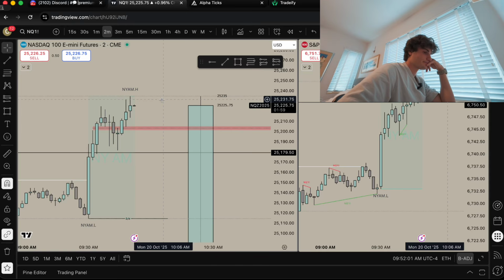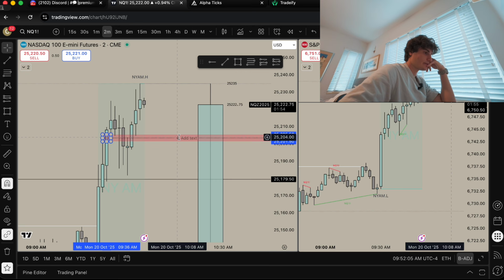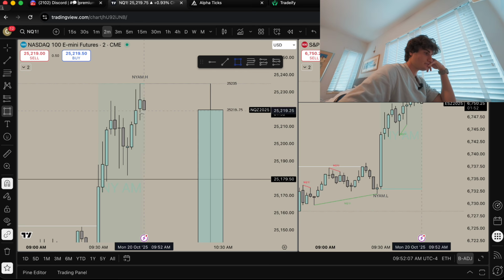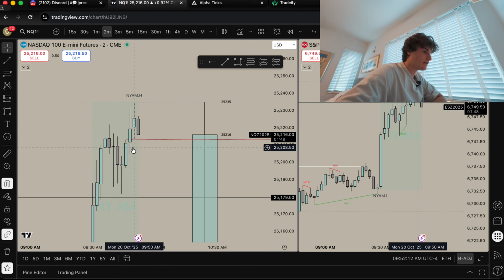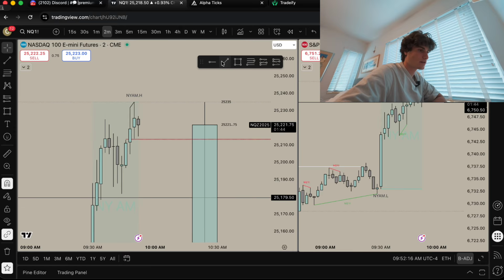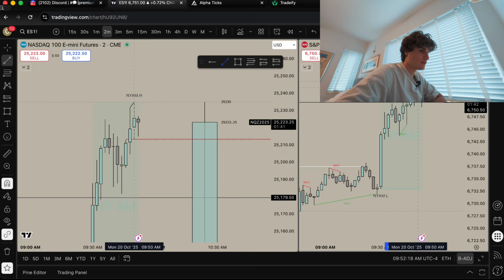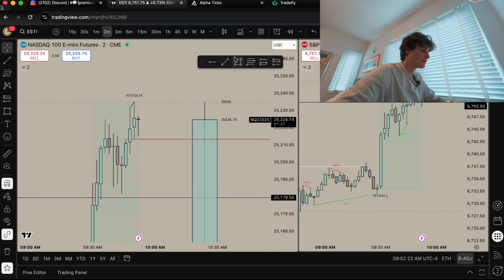Okay, so right now we have this 2-minute little gap right there. On top of that, we have this SMT right here, and we have the resweep, as you can see.